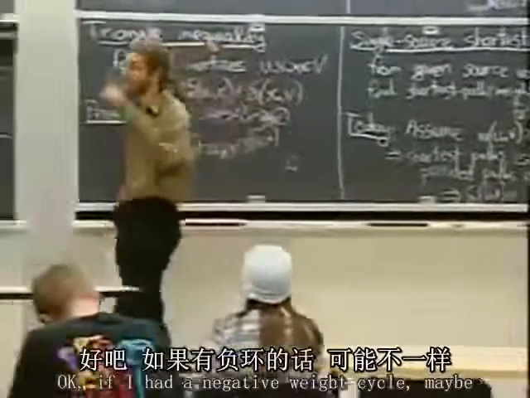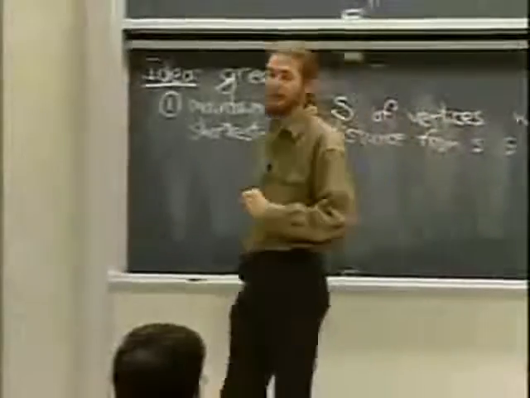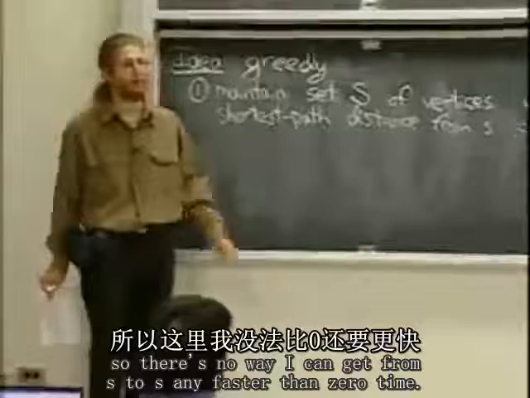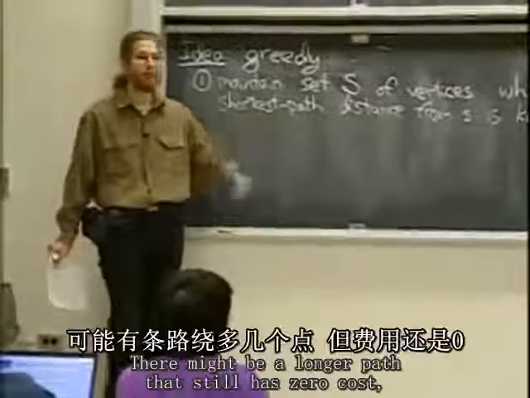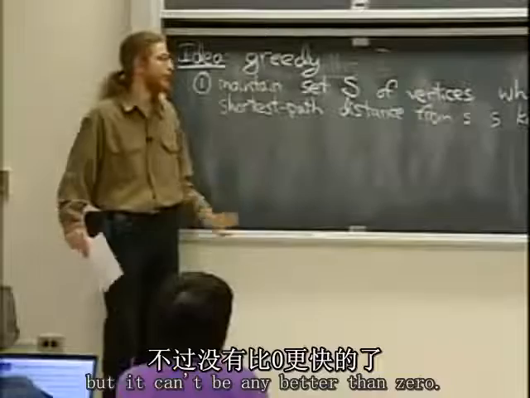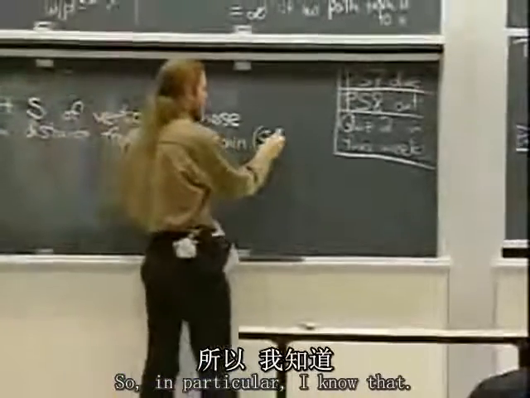If I have a negative weight cycle, maybe distance from S to S is minus infinity. But I can't have negative weights, so there's no way I can get from S to S in faster than 0 time. There might be a longer path that still has 0 cost, but it can't be any better than 0. So in particular, I know that.